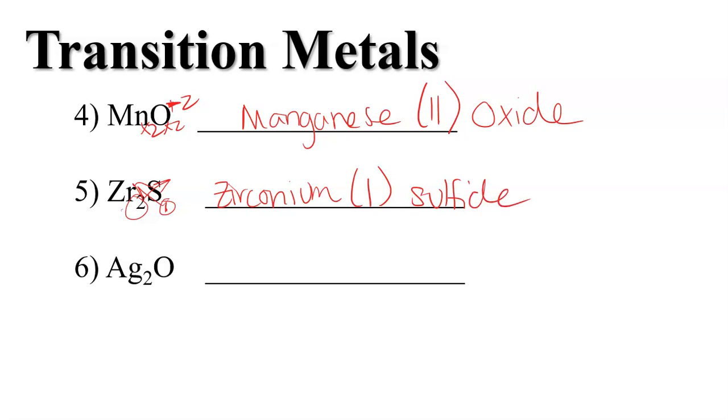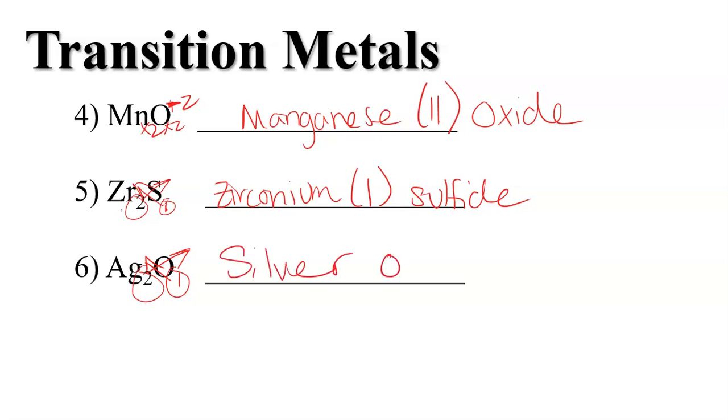All right. Next one, we have silver oxide. Okay. We're going to put that charge back up where it was. And we're going to put this one back here. But notice silver is one of your exception metals. Okay. So we don't need to write the charge for silver.